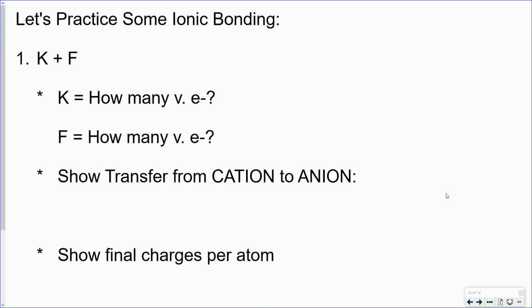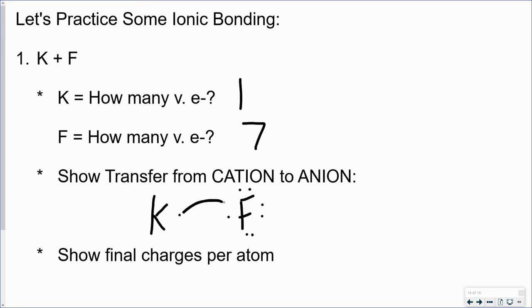All right, so let's show some ionic bonds. K only has one valence electron. Fluorine has 7. So you're going to draw K with 1, fluorine with 7.